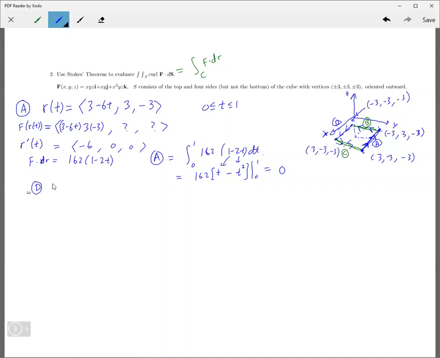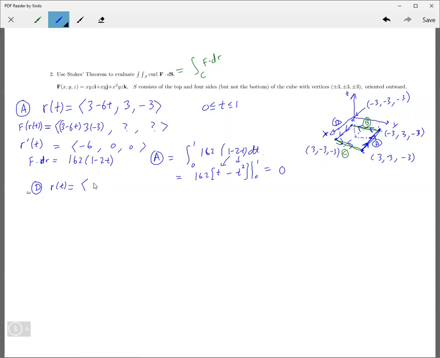When you do the D integral, your R of t is as follows. Here you're going from negative 3, negative 3, negative 3 to 3, negative 3, negative 3.